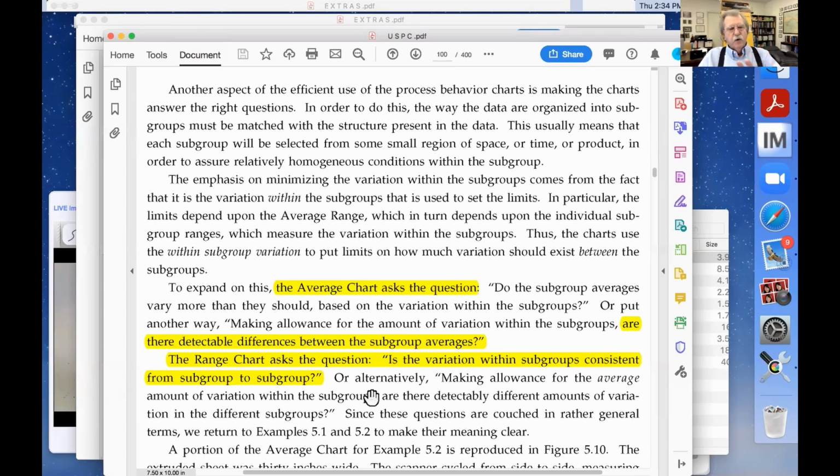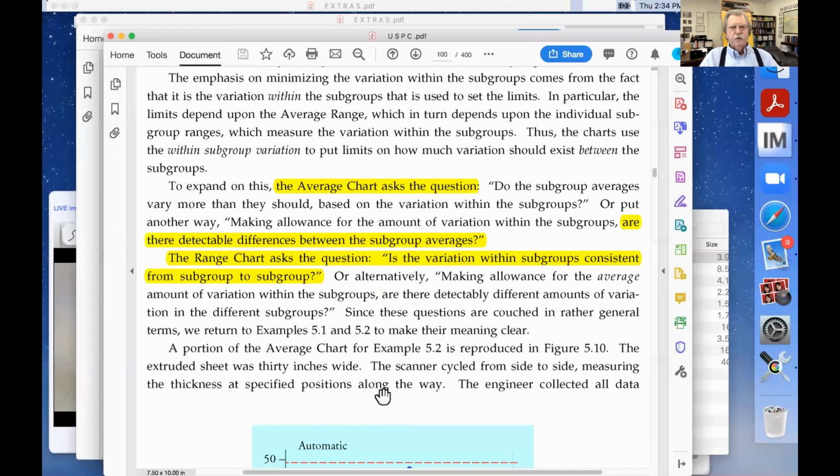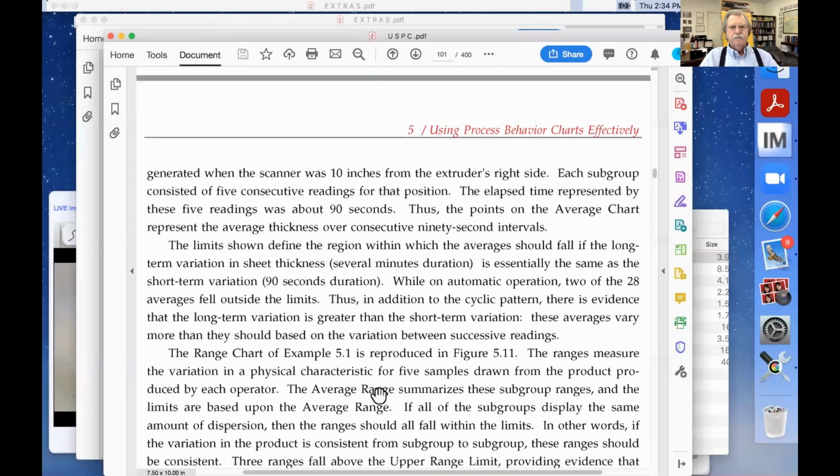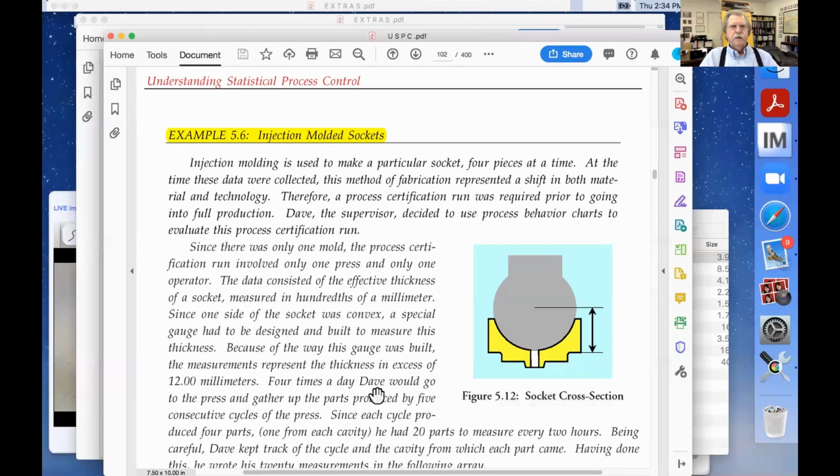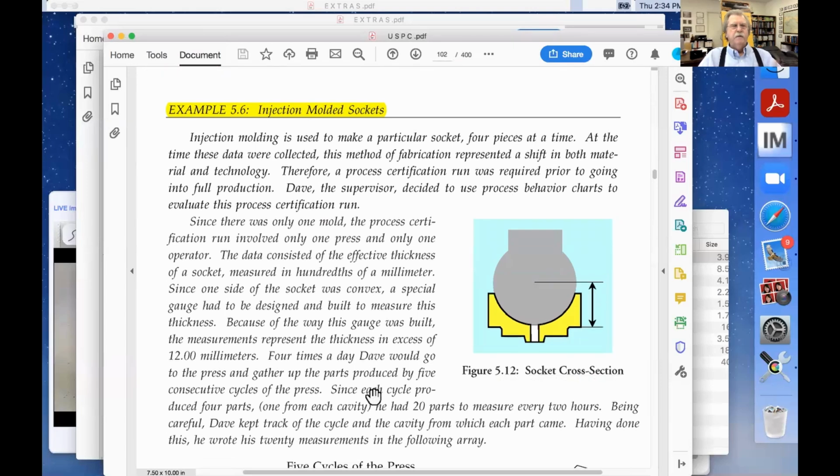We have to utilize that structure when we put the data in a chart. So we're going to use an example here on page 102, to illustrate different ways of organizing the data and the different questions they ask.